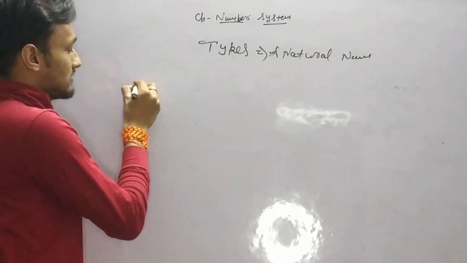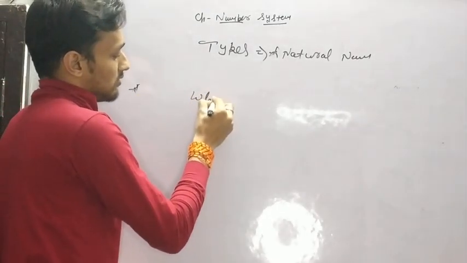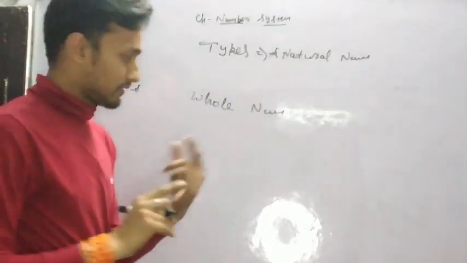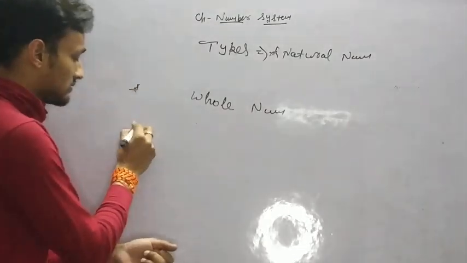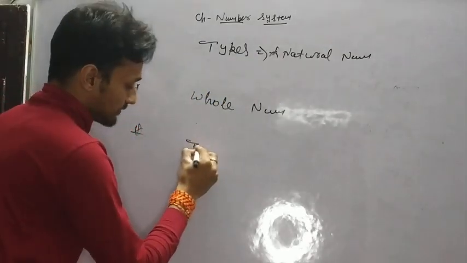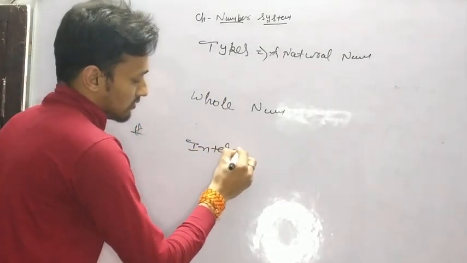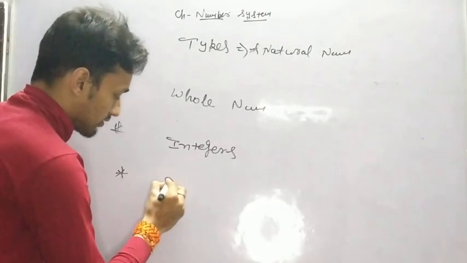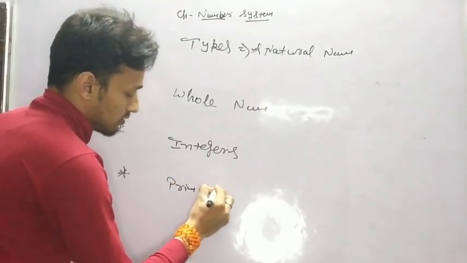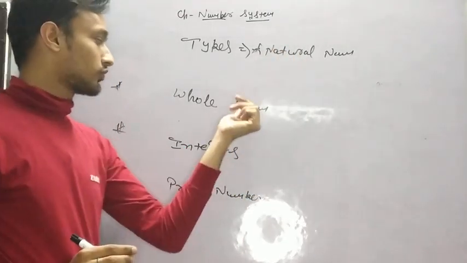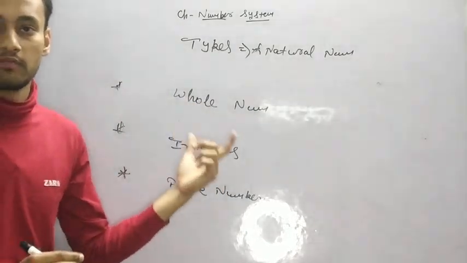The second is whole numbers. The third is integers. The fourth is prime numbers. Those four are some basic types of the number system.